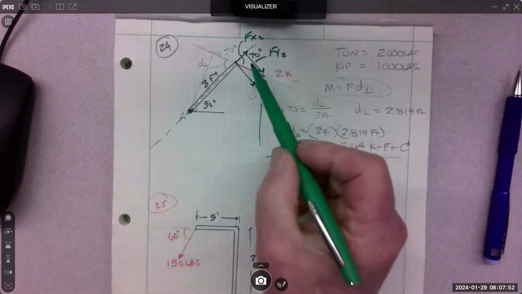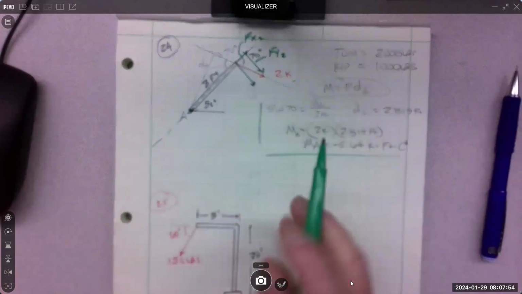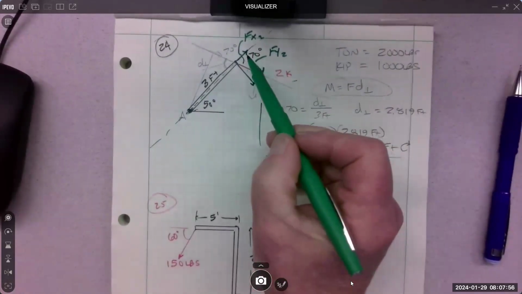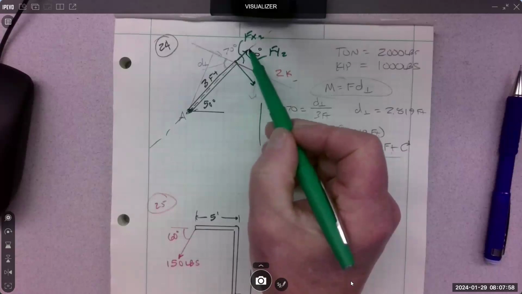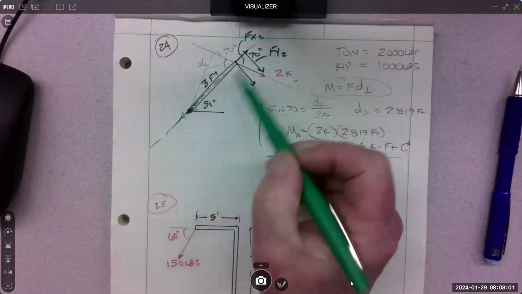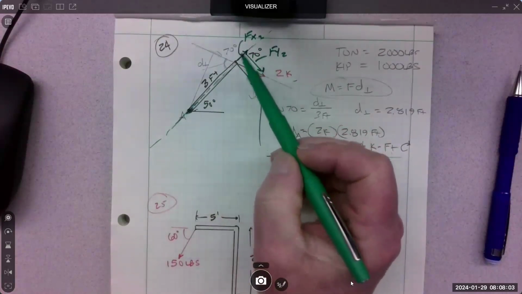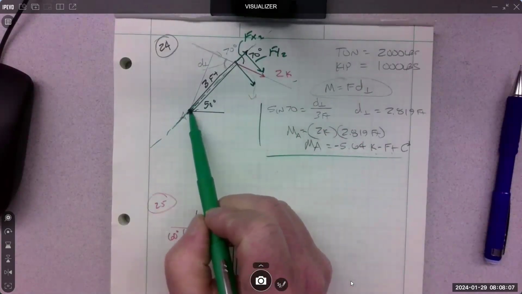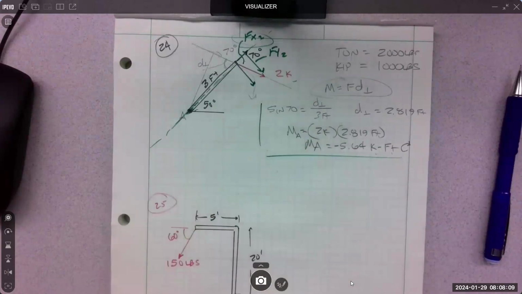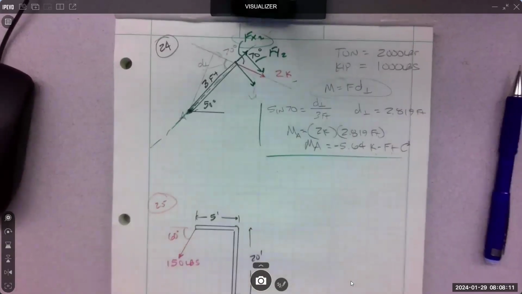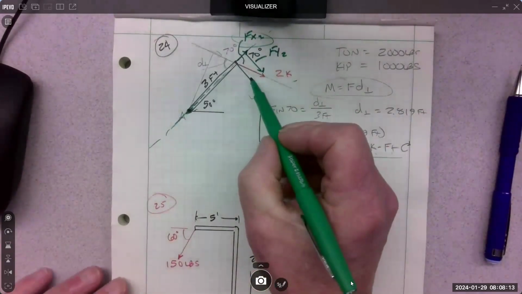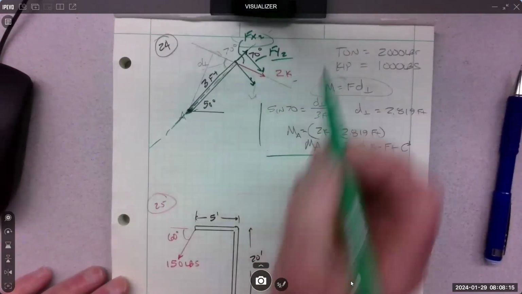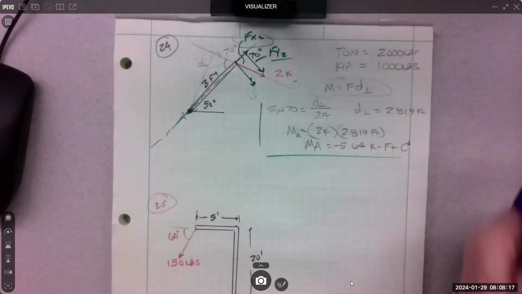So if you do the component method, most of the time, not always, most of the time, one of the components will just drop out of the equation. So this X component does not create moment about this point. So we don't have to deal with it. All of the moment is created by this component, Fy. So I do need to do that one.